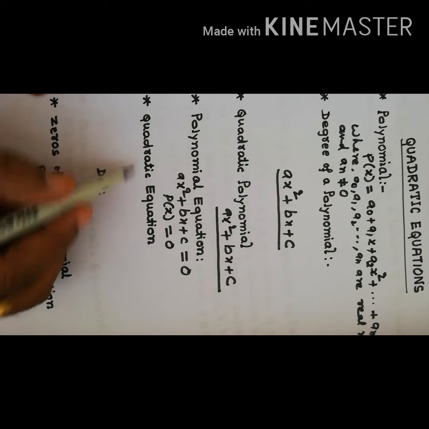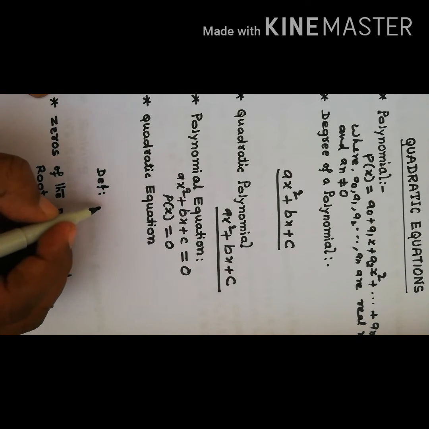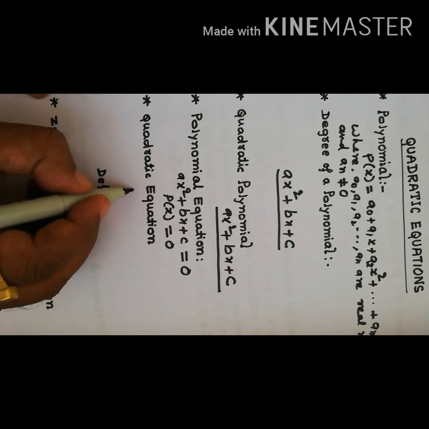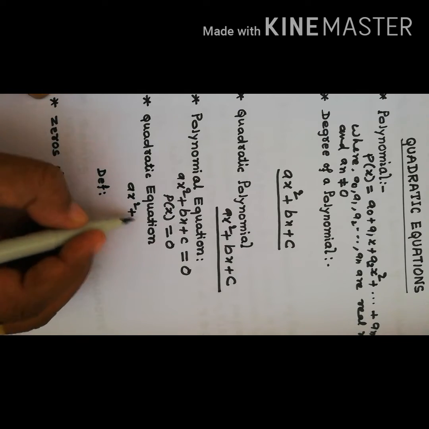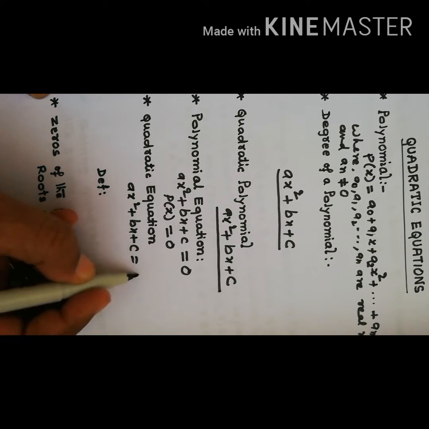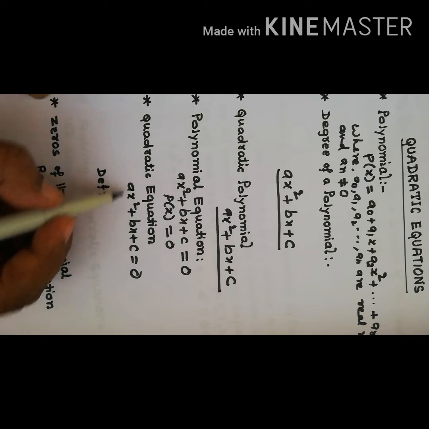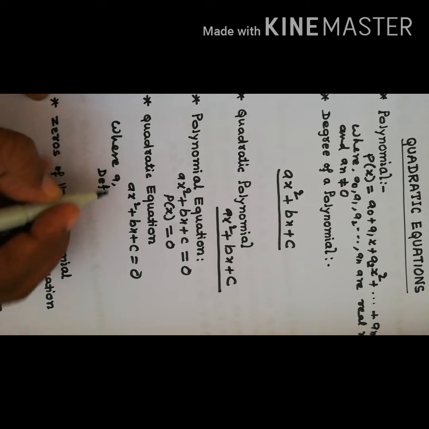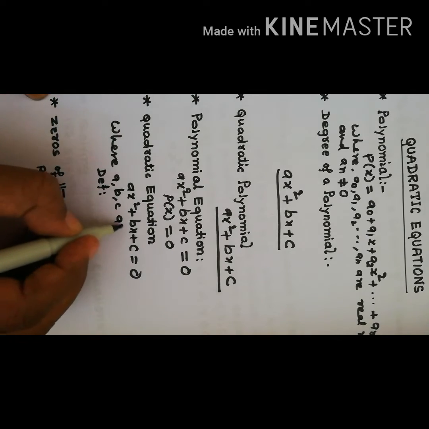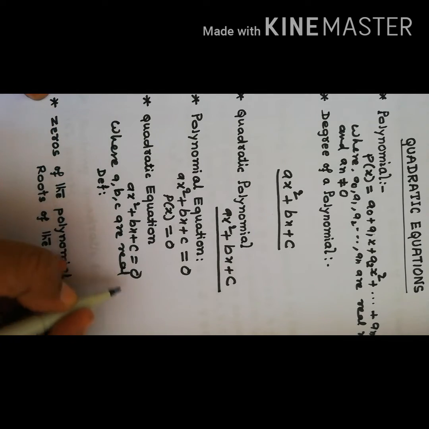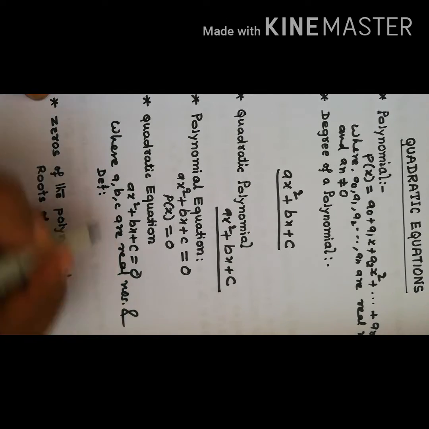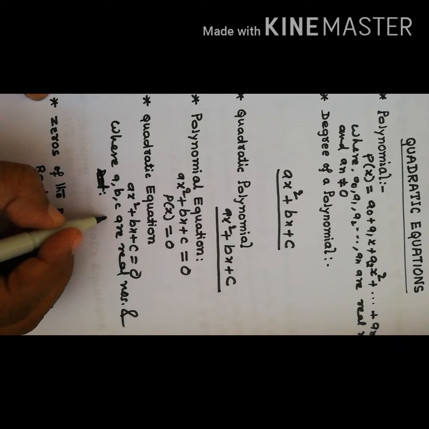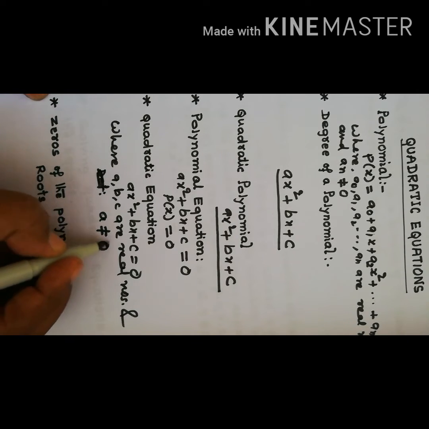So how will you define a quadratic equation? A quadratic equation is an equation of the form ax square plus bx plus c is equal to 0, where a, b, c are real numbers and a is not equal to 0.